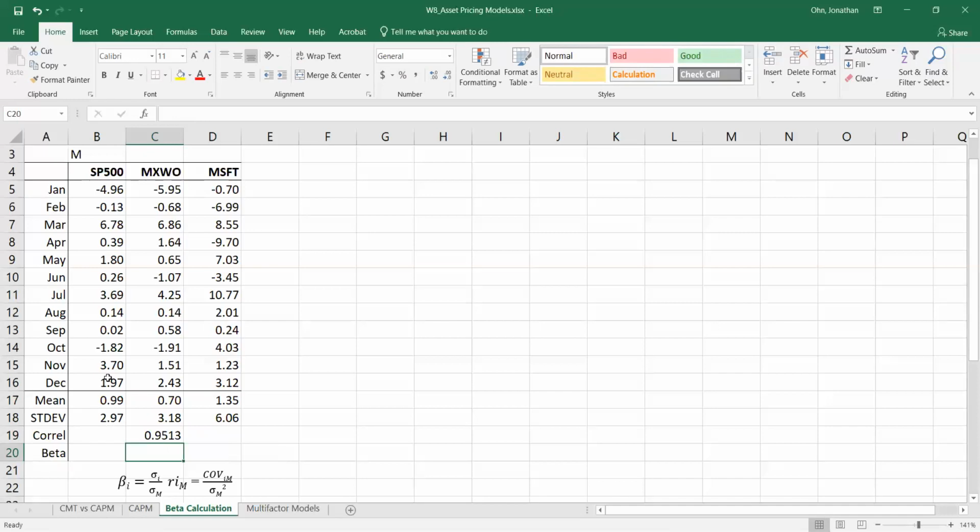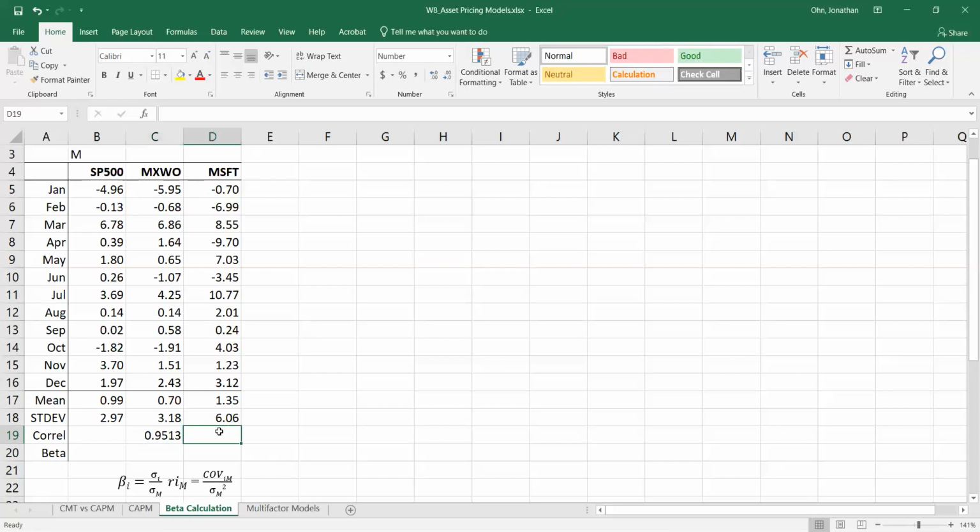That is a very high number because the correlation coefficient is between -1 and 1. This one is very close to 1, so a very strong positive correlation, meaning MXXO moves very similarly, very close to the market portfolio.